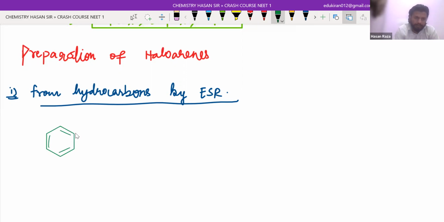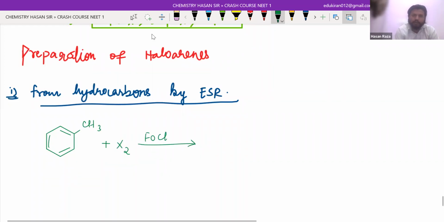The hydrocarbon, that means this is your toluene, which is a hydrocarbon. If you react this with X2 in the presence of a Lewis acid, either FeCl3 or Fe, or dark, that means low temperature. What will happen here?